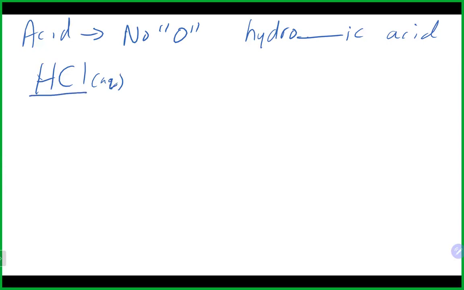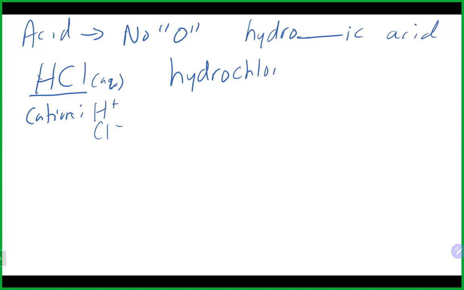That means we will start with hydro. The cation for every acid is H+. So H+ is pretty much your positive ion for every acid that's present. That means we have Cl- in this case, which is our negative ion. So this is hydrochloric acid.